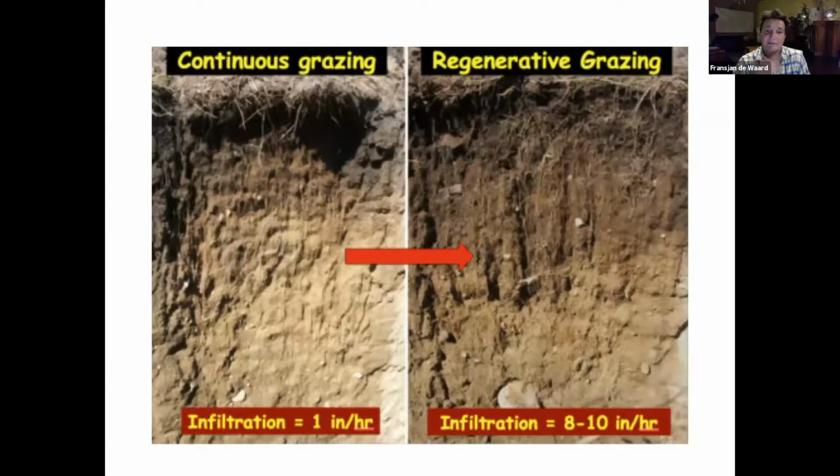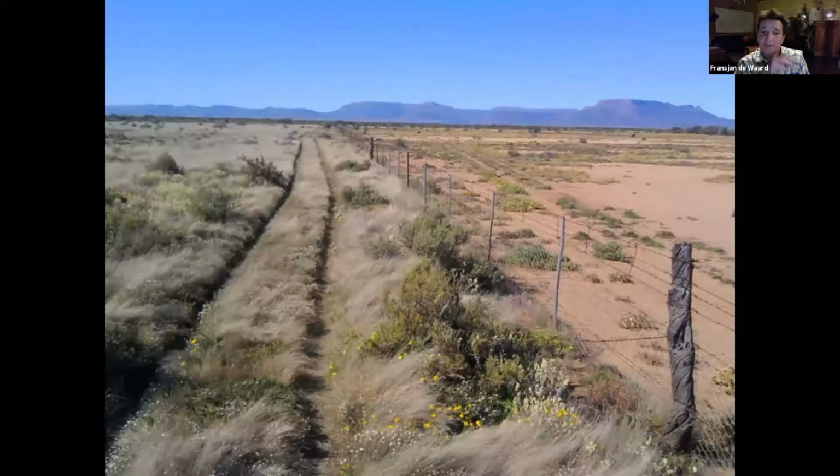And this is a very zoomed out picture that can show you the difference between what we do now, continuous grazing, and regenerative grazing. The amount of brown is directly indicating the amount of humus on the right side.